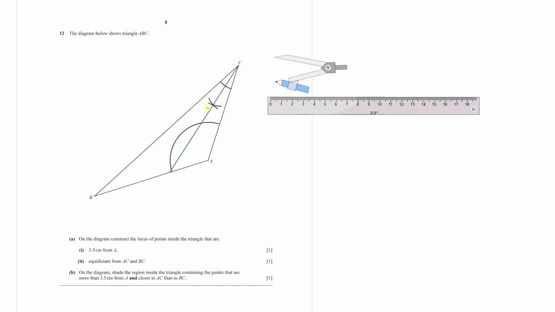So the region that satisfies these two conditions, that they are more than 3.5 centimeter away from A and closer to AC than BC, would be this region here. Any point that you take inside this region would be more than 3.5 centimeter from A and closer to AC compared to BC.